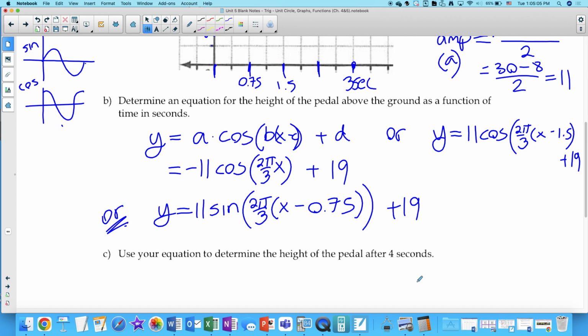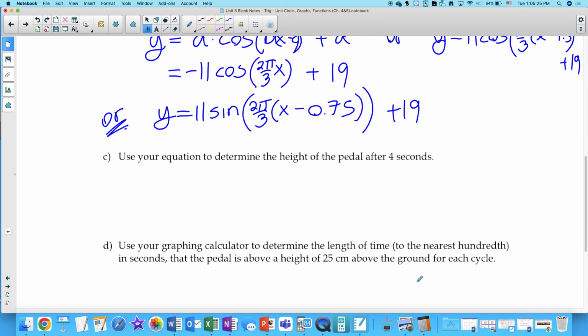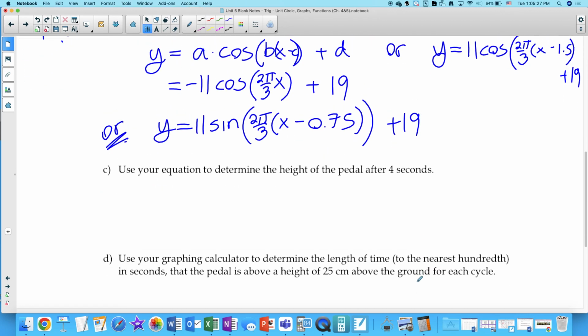And also, you may or may not incorporate a reflection, right? The only time I really make the amplitude negative is, and I tend to do that because I don't like to use phase shifts if I don't have to, when I have a function that looks like this, that starts in the middle but on the downswing.